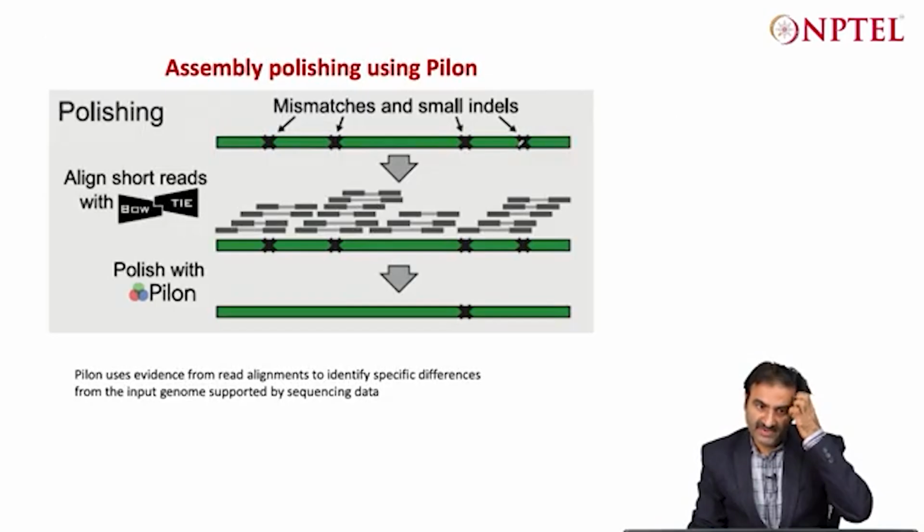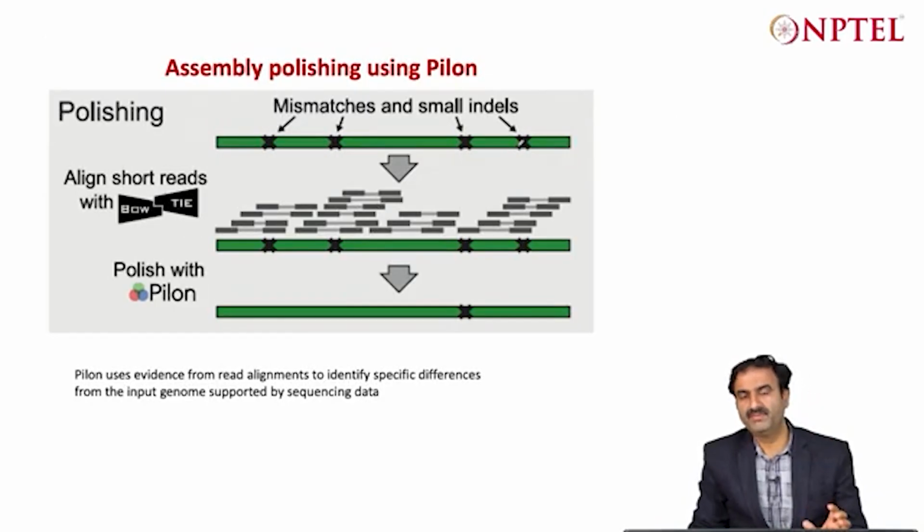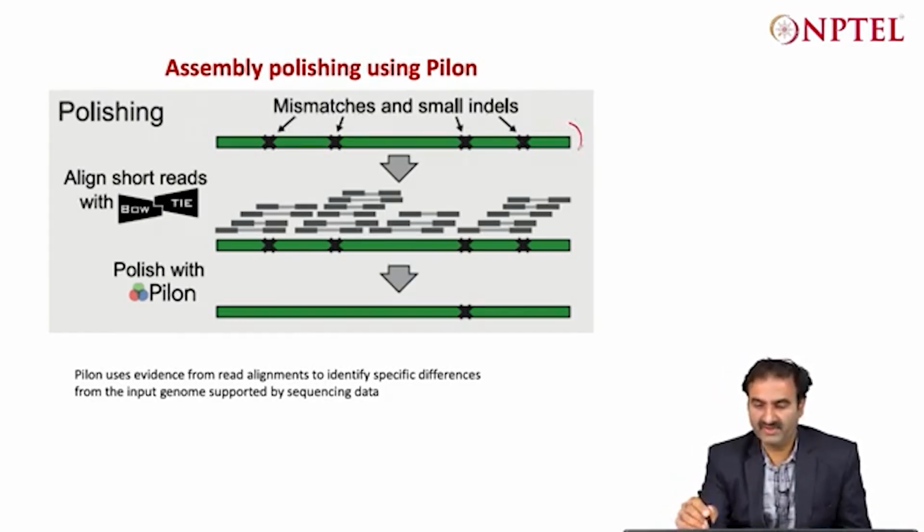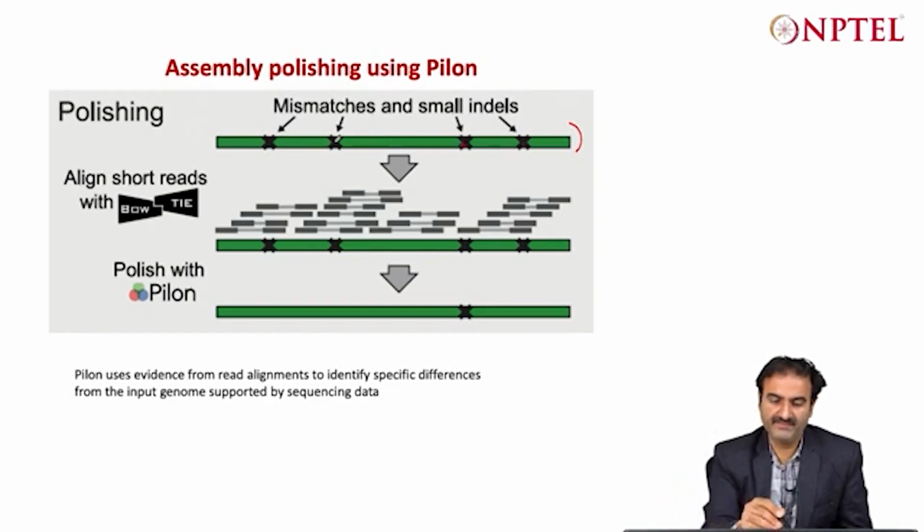Then the next step is assembly polishing. That means correcting errors that may be present in the assembly. Okay, so Pilon is one of the tools to do this. So this is your final assembly, but there could be errors in this at various places. So what you will do is map the short read data, using Bowtie or BWA, on this long read.